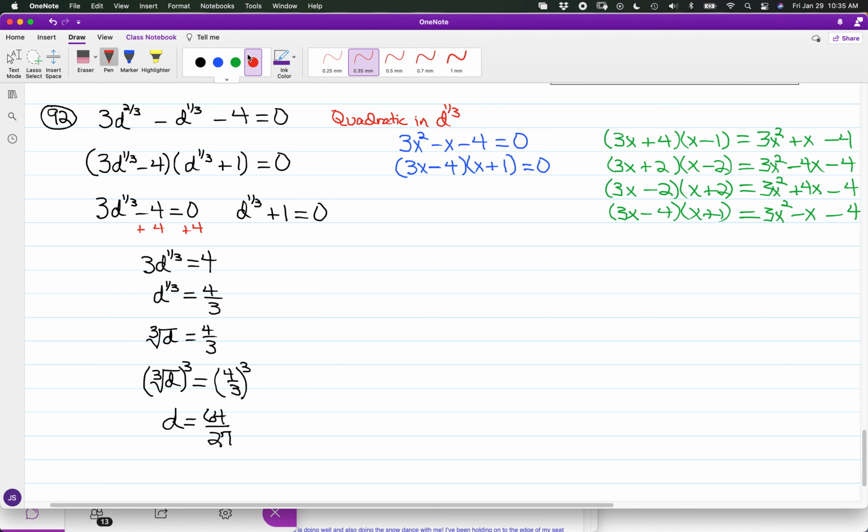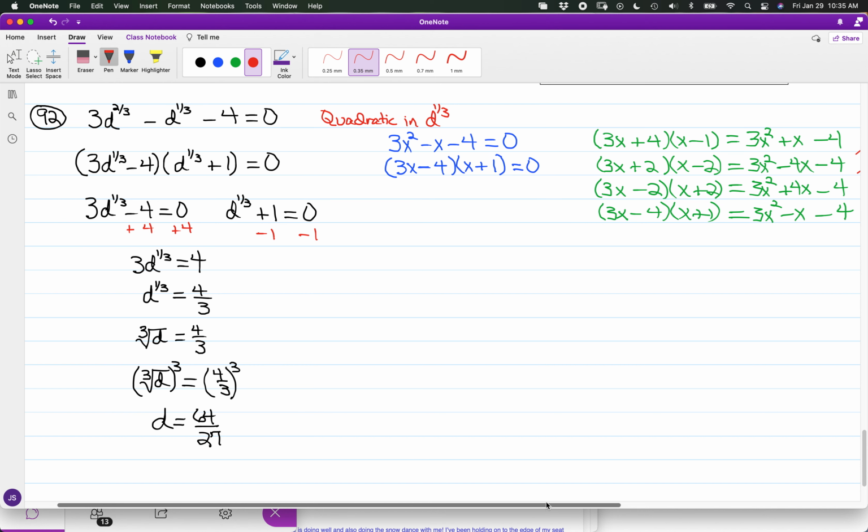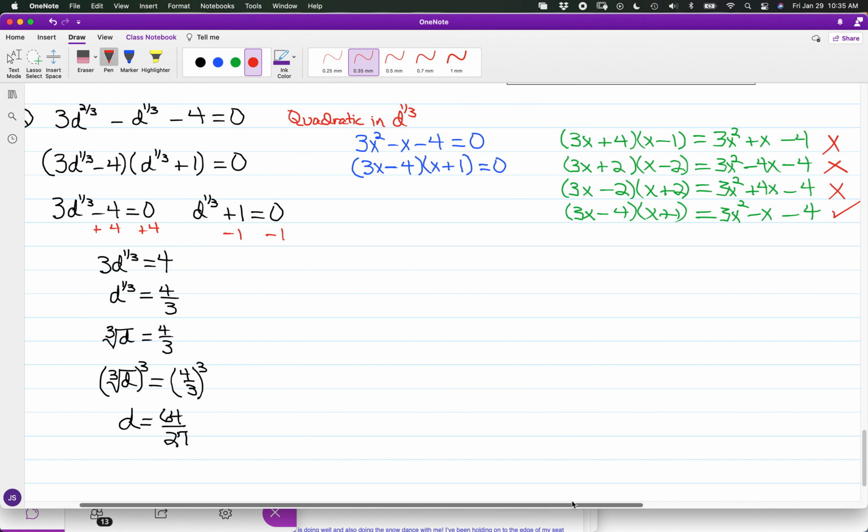Now, for the other factor, d to the 1/3 plus 1 equal to 0, if I take 1 away from both sides, I have d to the 1/3 is equal to -1. And just rewriting as a radical, d to the 1/3 is going to be the cubic root of d is equal to -1.